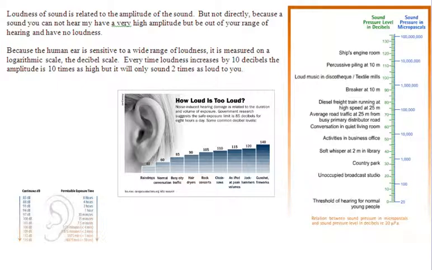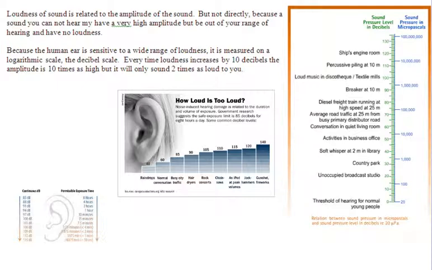We talk about loudness on a logarithmic scale. If you remember pH, or how the Richter scale works for earthquakes, those are logarithmic scales, because there's such a huge range of amplitudes of sounds in our human experience that you'd have to talk about really big numbers if you didn't use the decibel scale.